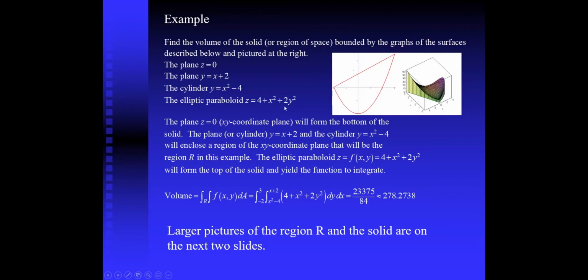this paraboloid. You can generalize that a bit, because if the bottom hadn't been z equal to 0, but z equal to -2, you would actually have this minus the -2, or that plus 2. That would work.